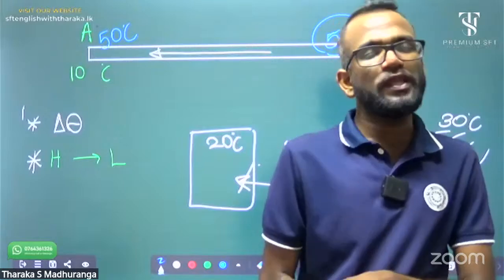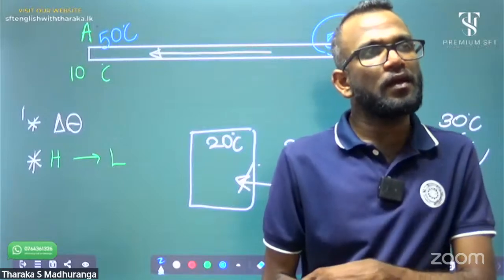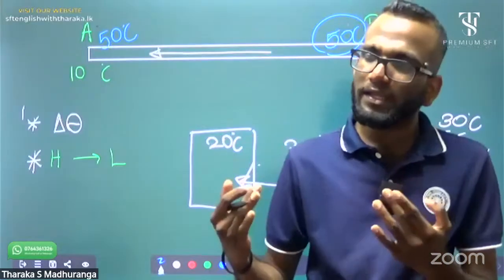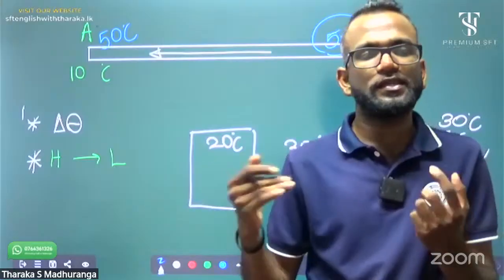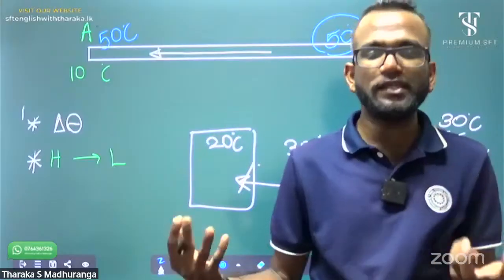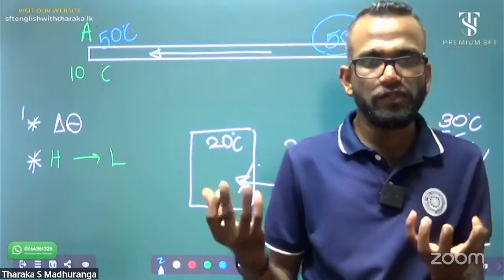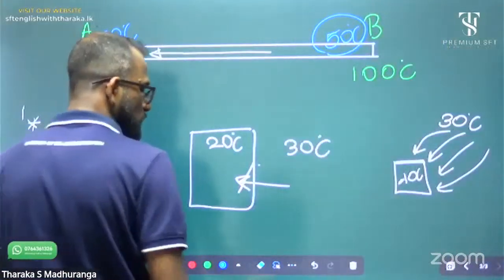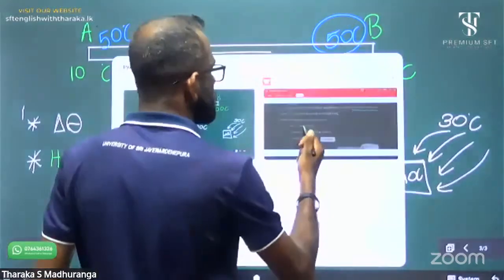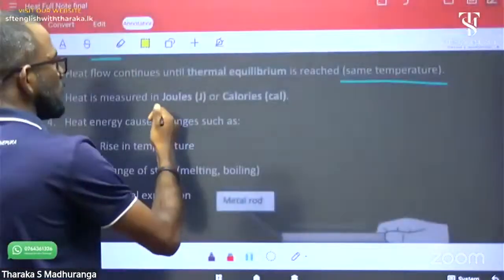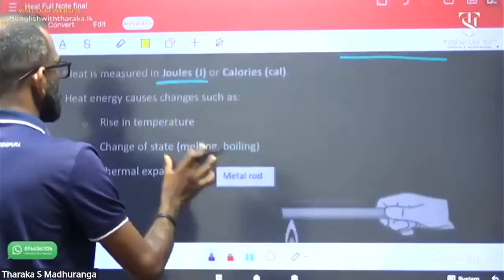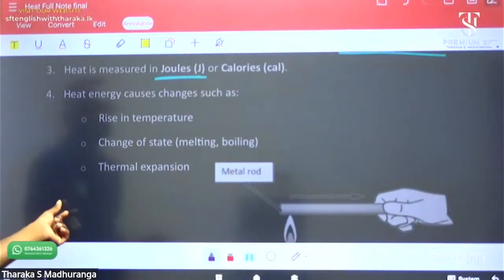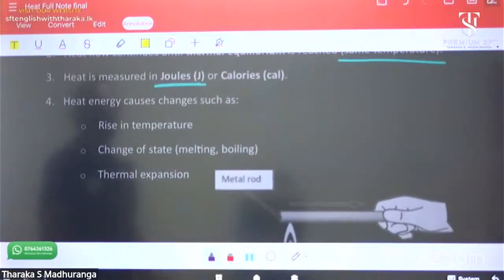Not only heat, but potential energy, kinetic energy, light energy, or whatever type of energy is measured by joules. Joules is the standard international unit.